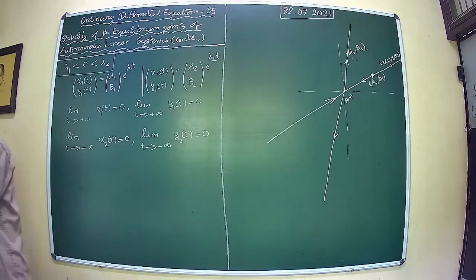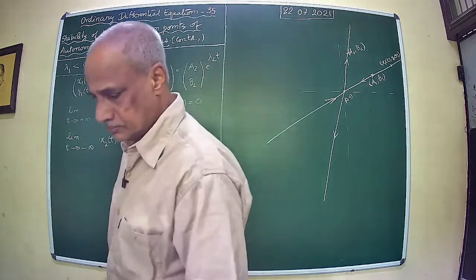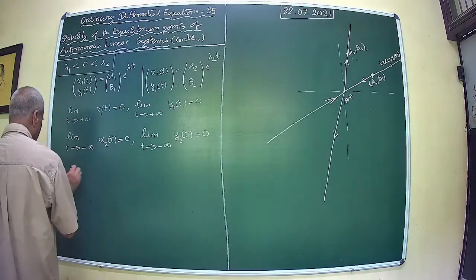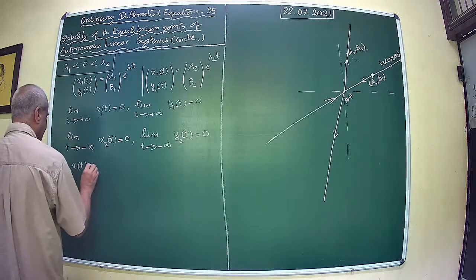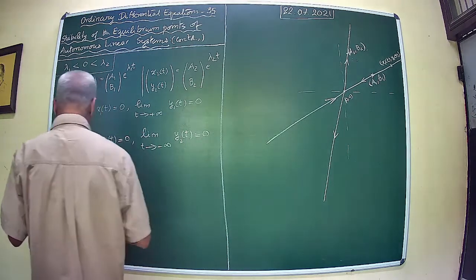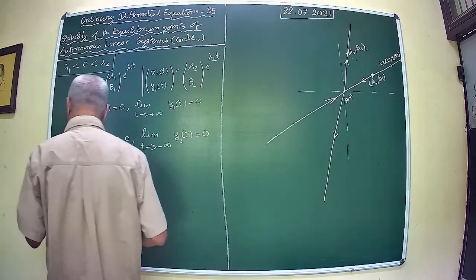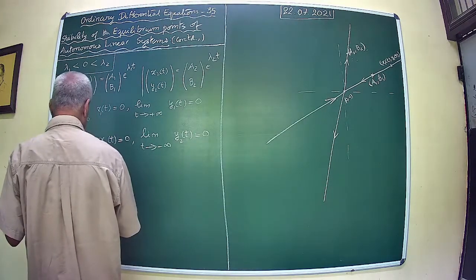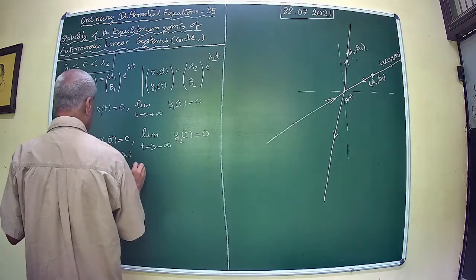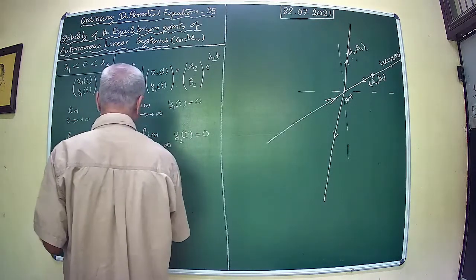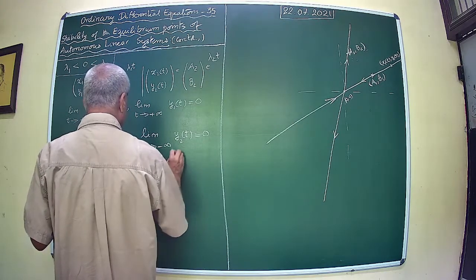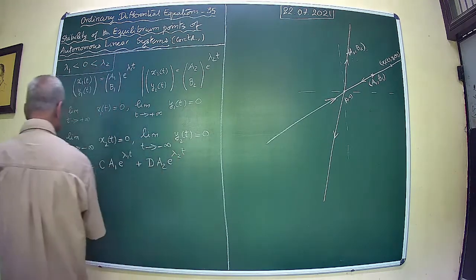Now we can look at what happens to a general characteristic. So a general characteristic I can draw like this. x(t) equals, as before, c a1 e to the power lambda 1 t plus d a2 e to the power lambda 2 t, and y(t) equals c b1 e to the power lambda 1 t plus d b2 e to the power lambda 2 t.